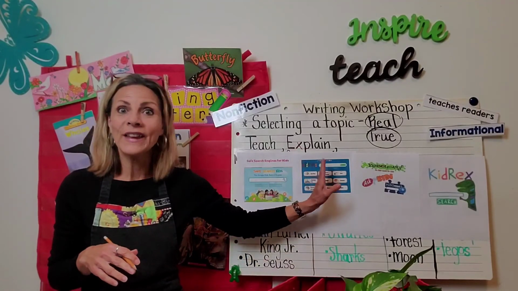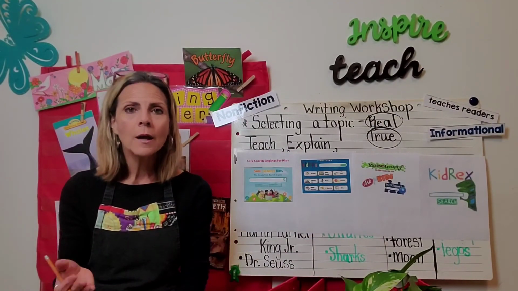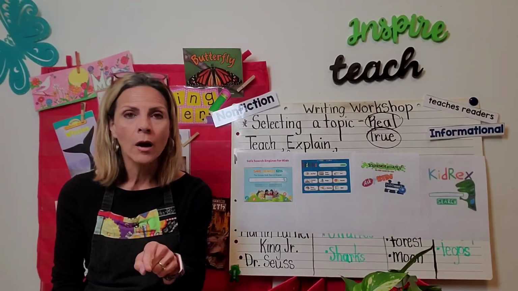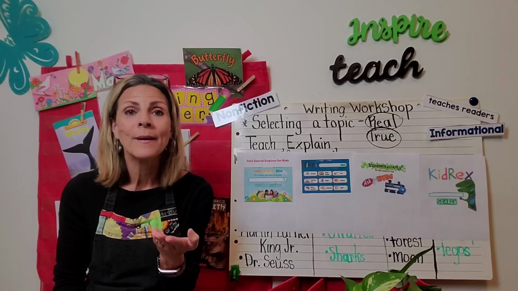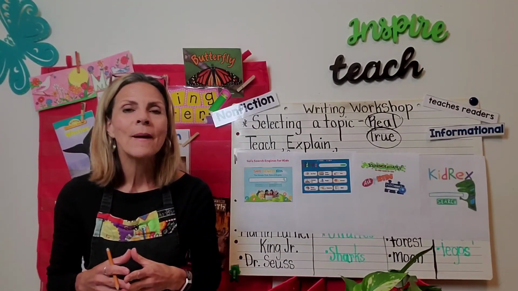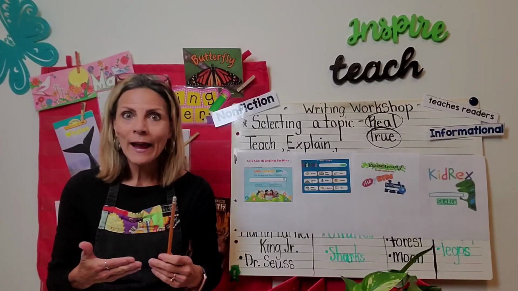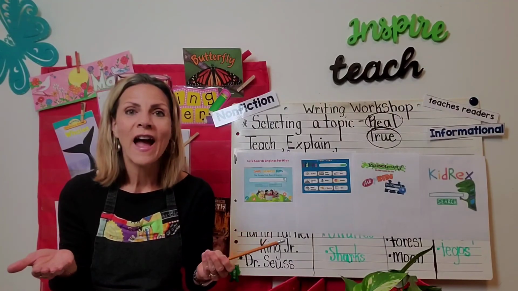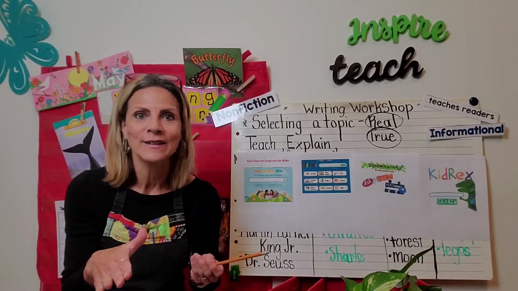Same thing with the animal category. I know you might have a dog, but you don't want to write about your dog. If you select that topic, you would just want to write about dogs in general. So you're thinking about famous people or animal creatures that everybody wants to know facts about and that you can actually research and find out more facts about.